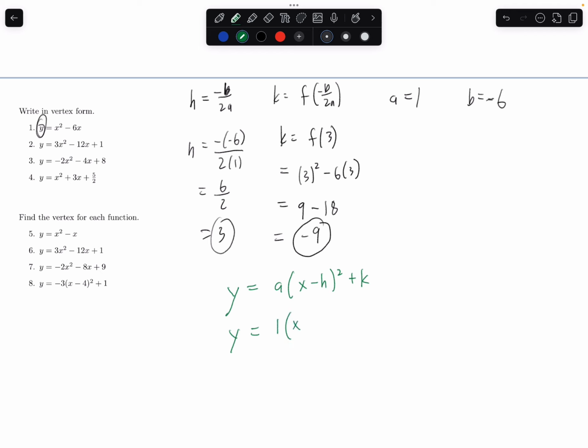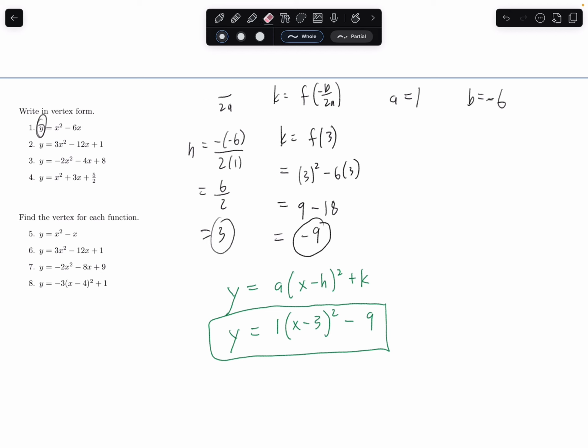So 1 times x minus 3 squared plus negative 9. Plus negative 9 is a weird way to write things, it makes more sense to write just minus 9. So there it is, and at the same time I also see my vertex right away. It's at 3, negative 9. Okay, problem 1, all done.